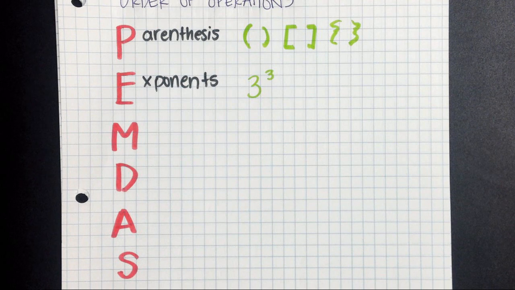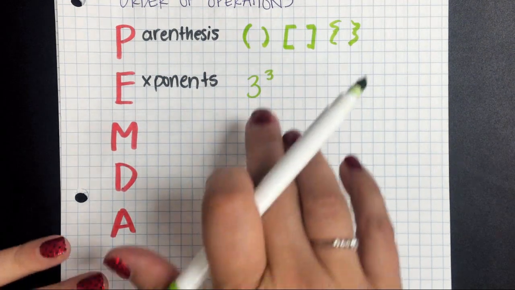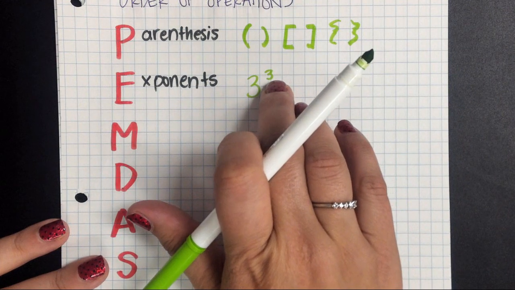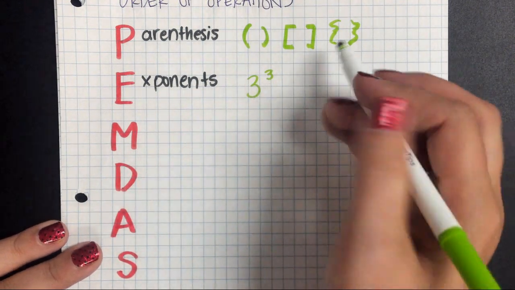3 times 3 times 3. Yes, absolutely. So this exponent basically means it's the number of times you're going to see that number.